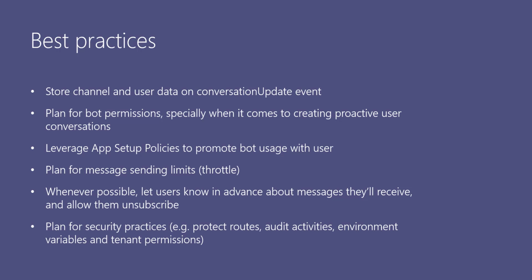You should also plan for security best practices, such as, in the case of APIs, protecting your endpoints and routes, and auditing activities about who used that route, when, and what payload was sent, and which proactive messages were generated. You should also plan on using environment variables to store any configuration needed and not hard code that in your bot activity handler itself.